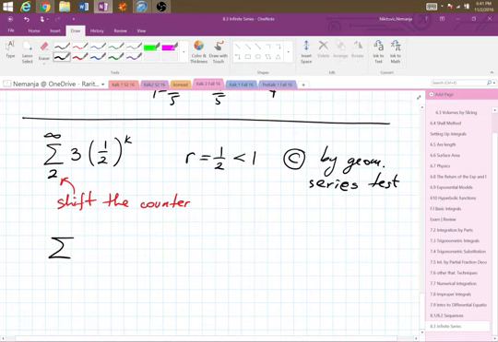We have summation of 3 times 1/2 to the k, where your k starts at 2 and goes to infinity. What I need to do is to make this 0. Therefore, common sense, subtract 2 on both sides. You have equation k equals 2, subtract 2 on both sides to get it to equal 0. So now it turns into k minus 2 is equal to 0. Awesome.